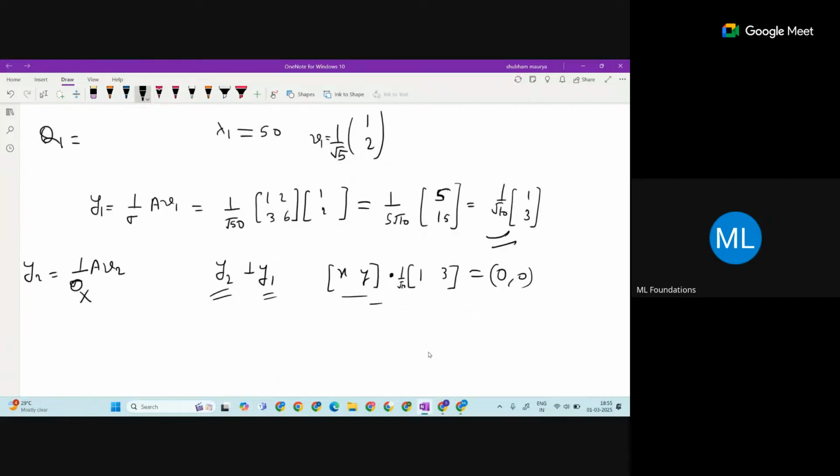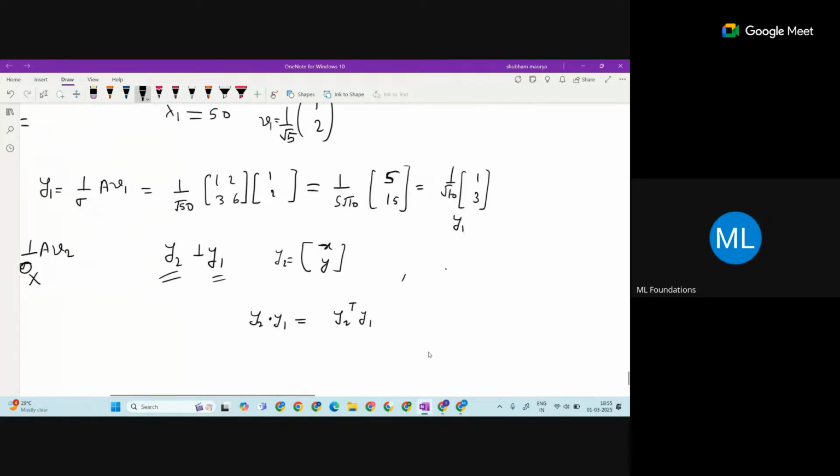Let me write it in the proper vector form. Let's say our vector y2 is x and y, which I assumed, and y1 is already what we know. Now the dot product of y2 and y1 is y2 transpose y1.